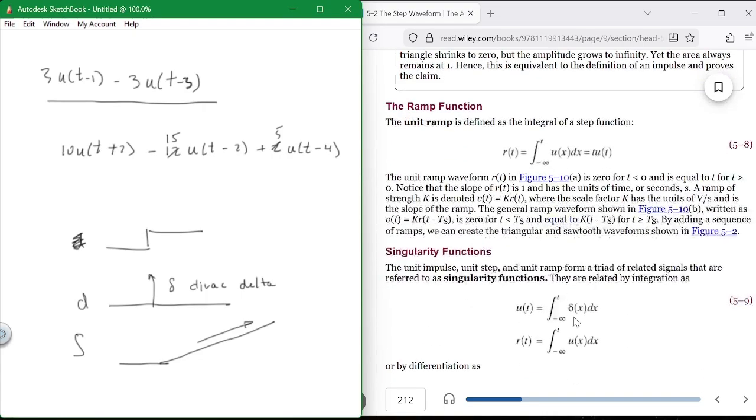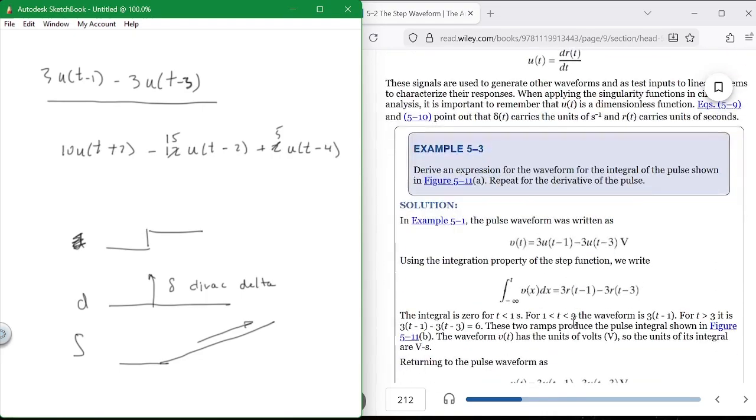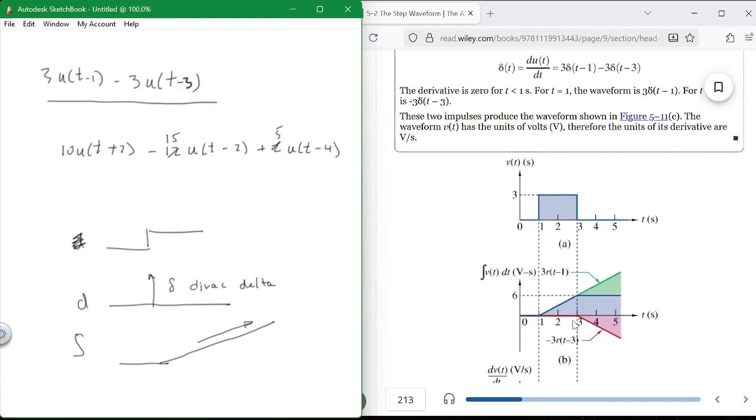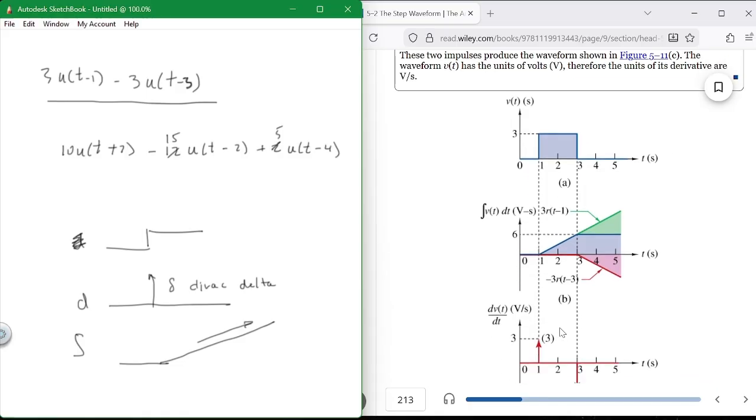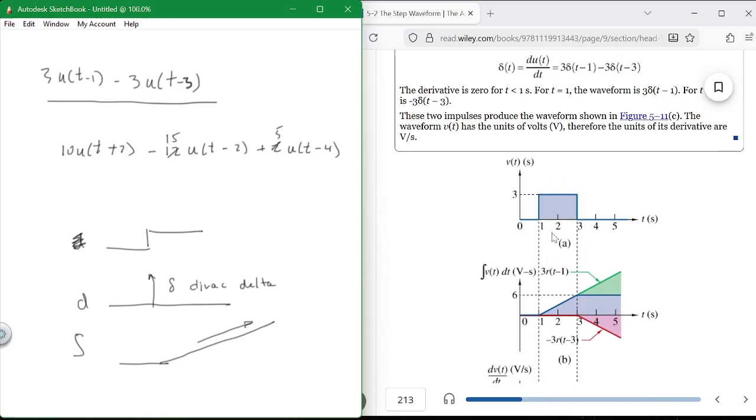So the ramping function is this guy right here. So if this is my function, this would be the ramping of it, and then it would level off. So how would I define this function?